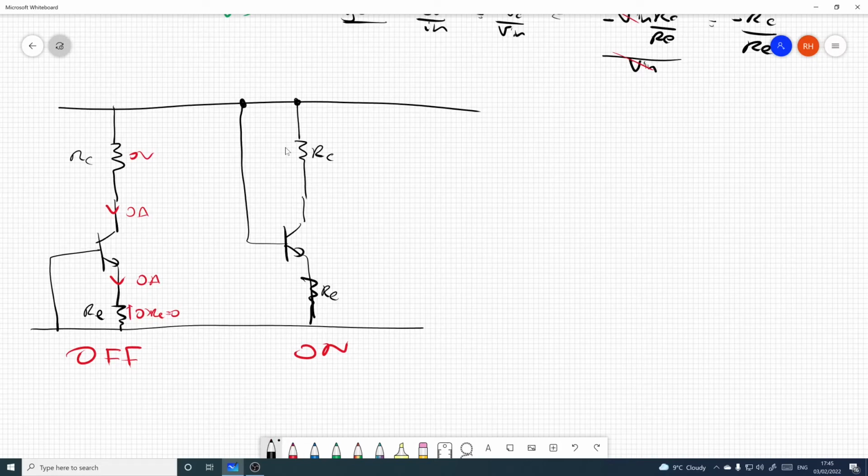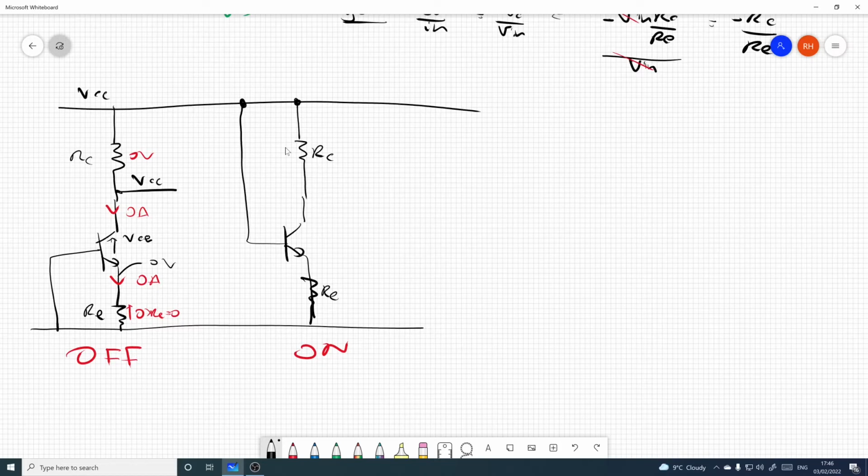So in order to work out what the output voltage is, as before, we start off with VCC and we drop any voltage drops to get there, but there is no voltage drop, it's 0 volts. So in this case, this is at VCC, and by the way, the emitter is at 0 volts by the same logic. You start off at 0 volts and you go up 0 volts to get to this point. So looking at VCE, which is this voltage here, it's as big as it possibly can be.